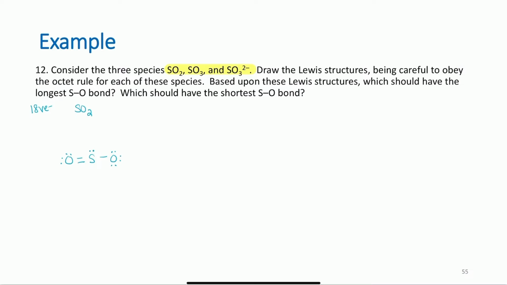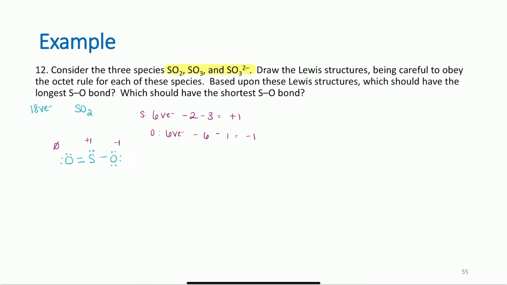Check your formal charge. The sulfur: 6 valence electrons, minus 2 lone pair electrons, minus 3 bonds, gives +1. And the other oxygen: 6 valence electrons, 6 electrons involved in lone pairs, and 1 bond, overall -1 charge. Minimize your formal charge.